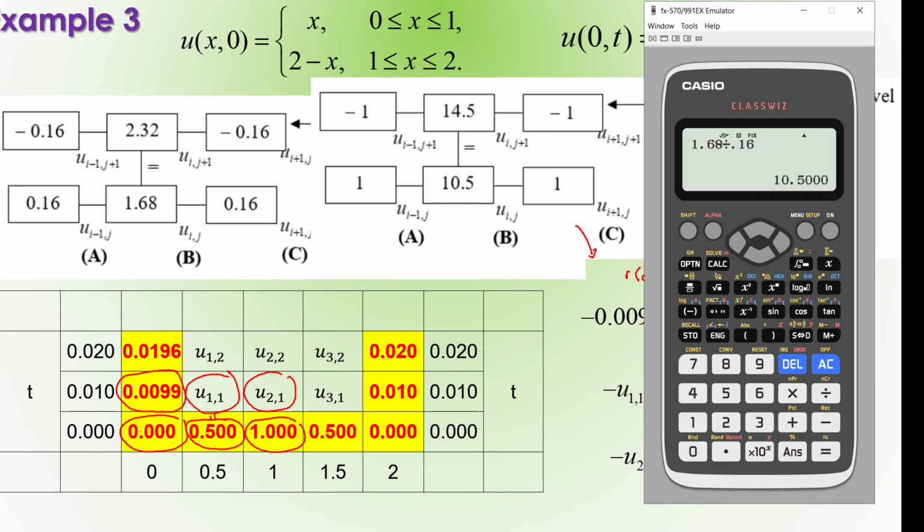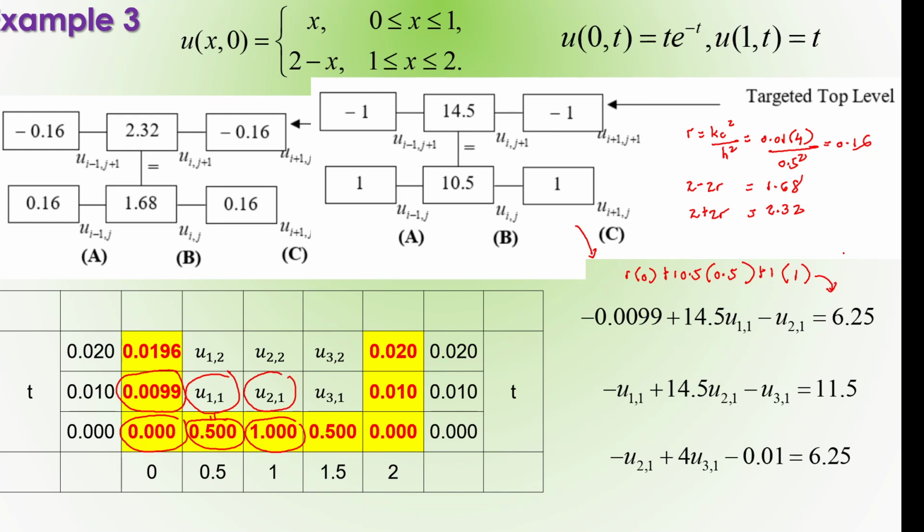I'll show it to you. You have 1 times 0 plus 10.5 times 0.5 plus 1 times 1. You get 6.25 here. Or I can put 1 times A, 10.5 times B, 1 times C, where A, B, C are here.